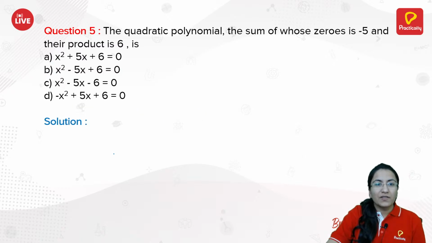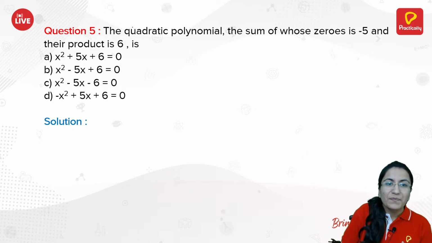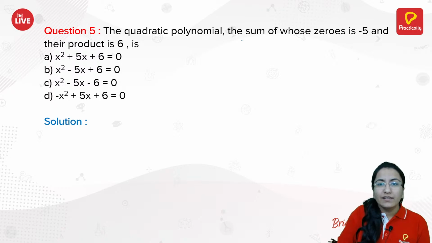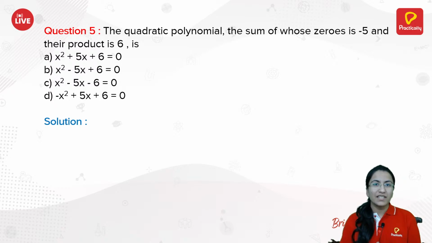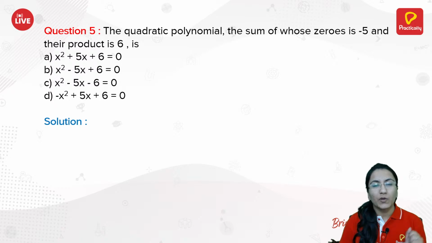Next question here is from quadratic polynomials. So let's see what question it is. The quadratic polynomial whose sum of zeros is -5, the sum of zeros is given to you, and the product is 6. So how to write such a quadratic polynomial in which we are given the sum of zeros as well as the product of zeros?